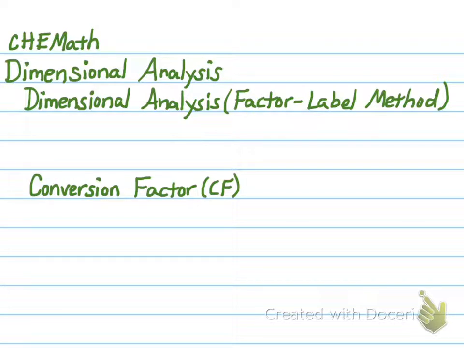So, a little more review. Remember, for our dimensional analysis, which we talked about back in Chapter 3, dimensional analysis, also sometimes referred to as the factor label method, is used to convert between units.